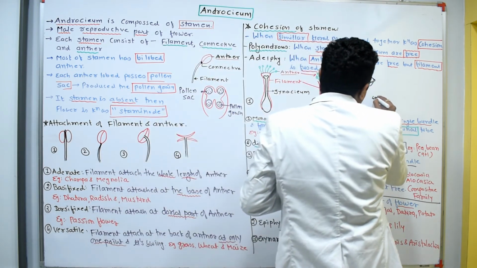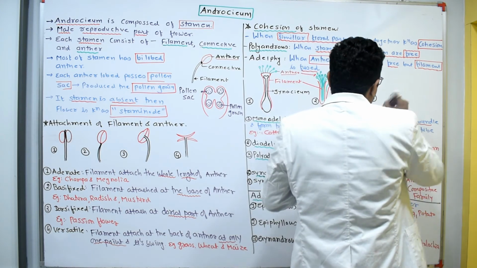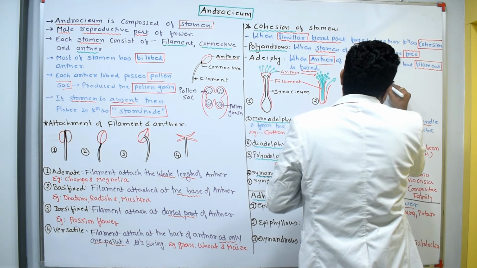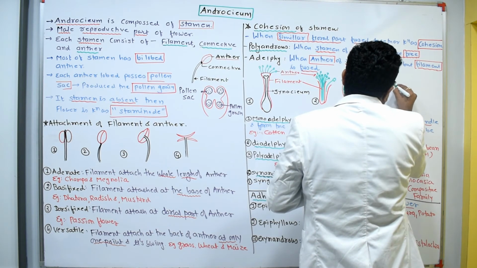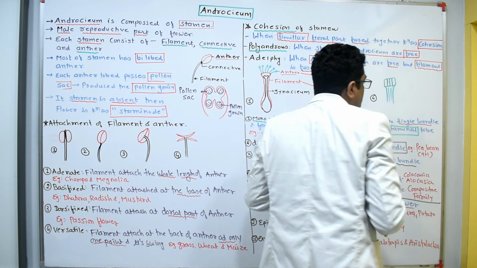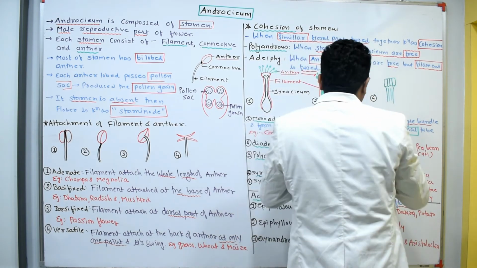This is the filament and this one is anther. सब fused हो बेटा, देखो यहां पर क्या है, anther and filament both are fused. कहां पर होगा बेटा, it is found in colocasia and alocasia.